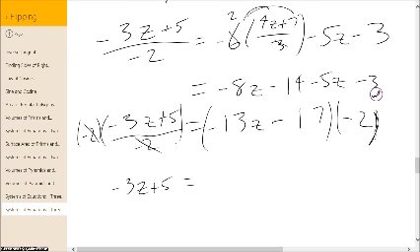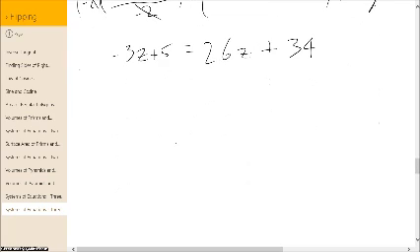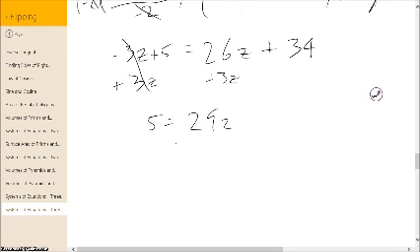Okay, that would make this 26z plus 34. Let's get all the z's, excuse me, on the right. Those cancel. So I have 5 equals 29z plus 34.